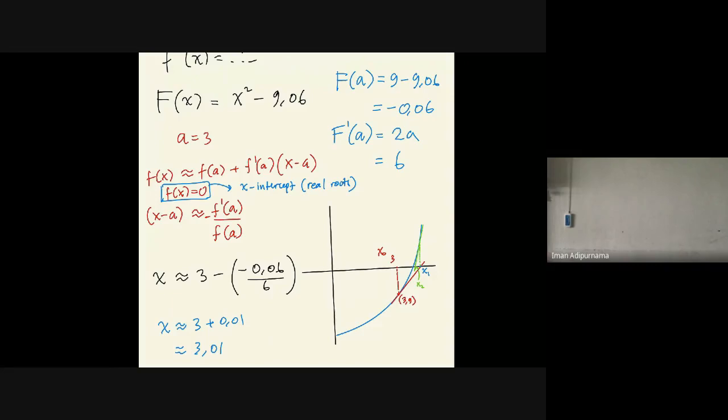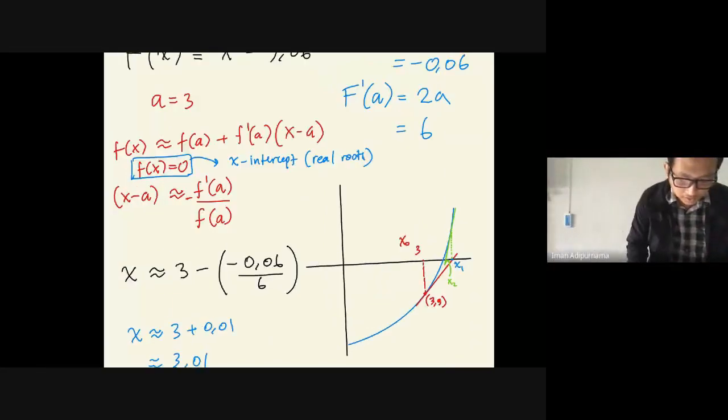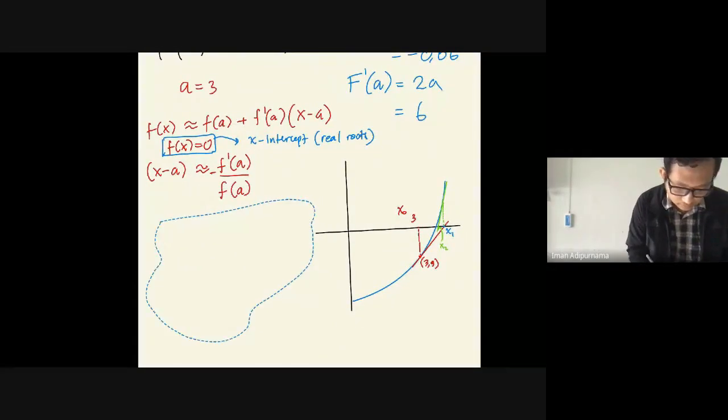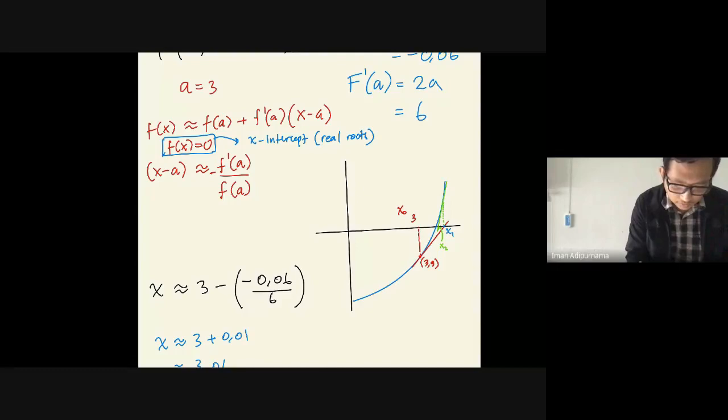So, for example, if this is x0, x1, and a is our x0, it's minus the f prime a.